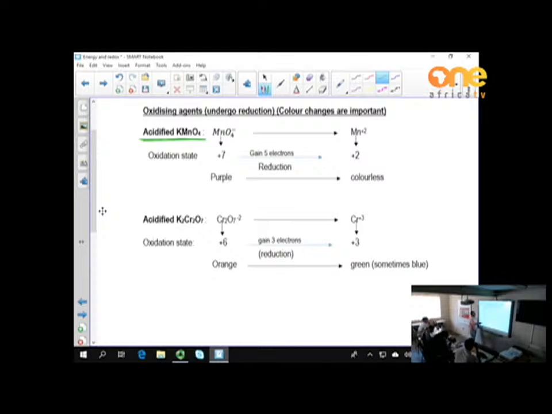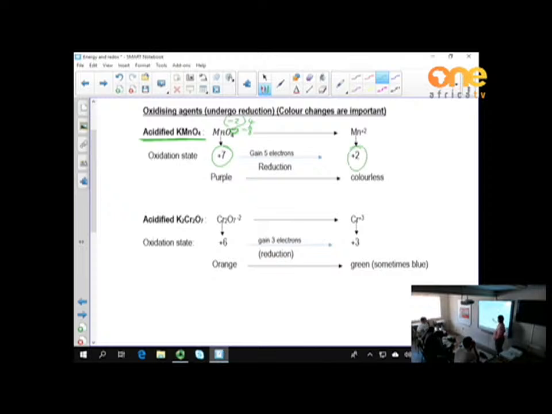Well, oxygen is -2. There are 4 of them. So it gives me -8, and I must have a resulting charge of -1. So, manganese is +7. Okay? So, if we look at the manganese ion that is now formed, well, the oxidation state is +2.